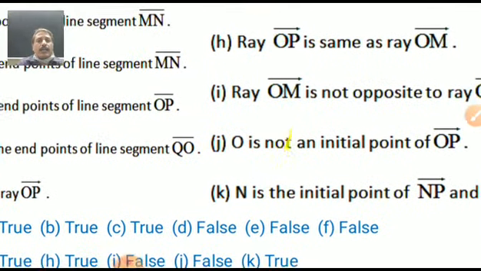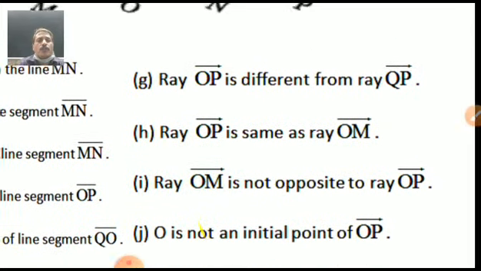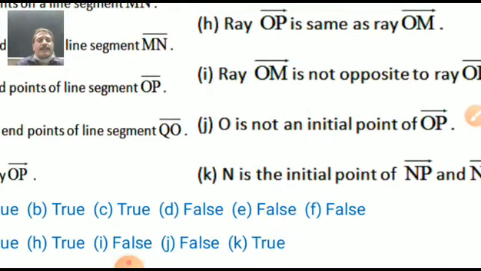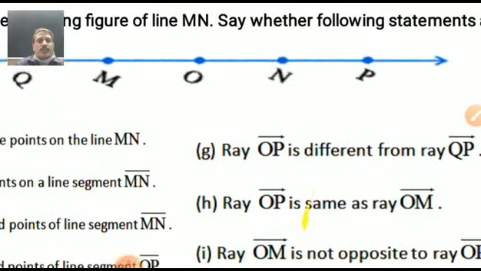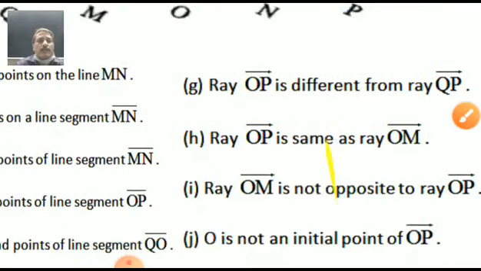Yes, I, ray OM is not opposite to ray OP. False. Because yes, it is the opposite direction only. See, OP this side, OM this side. Is it or not? Yes. So OP and OM you are knowing now this way.